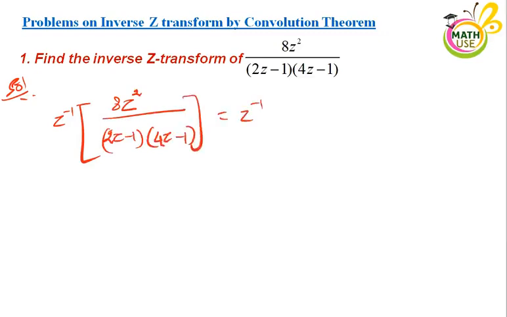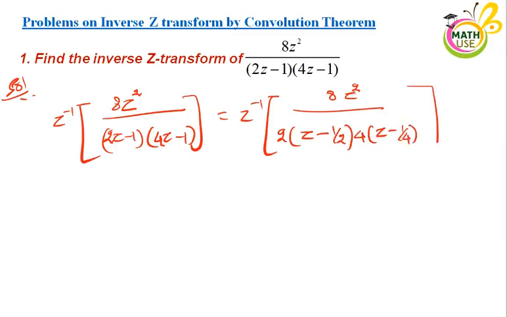In this problem we can take the constant term in the denominator outside. Taking 2 outside, it comes 2 into (Z minus 1 by 2), and for the second expression you can take 4 outside, it comes (Z minus 1 by 4), and you can cancel the 8 in the numerator with the 4 and 2 in the denominator.